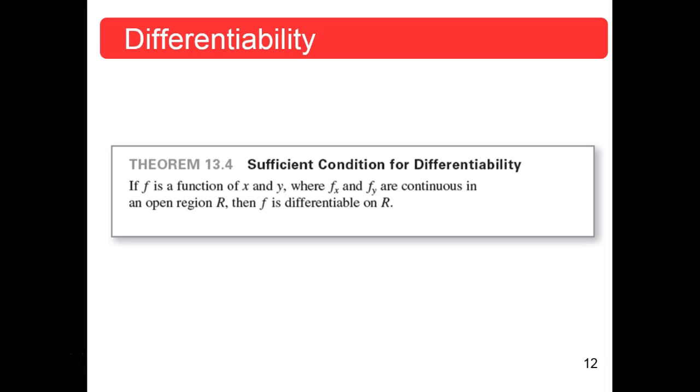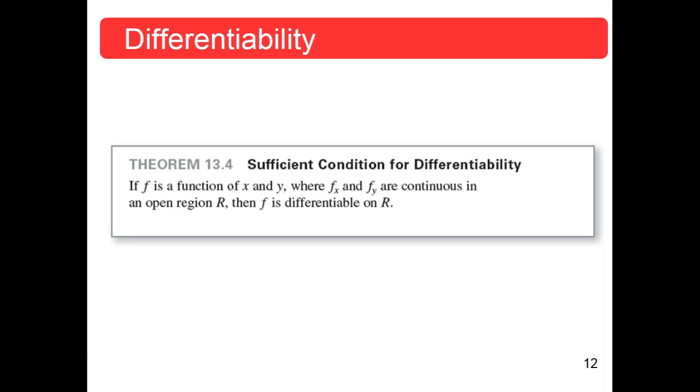If f is a function of x and y, and f sub x and f sub y are continuous in an open region R, then f is differentiable on R. So if f sub x and f sub y are both continuous on that region R, then f is differentiable there, at every point in the region where f sub x and f sub y are both continuous.